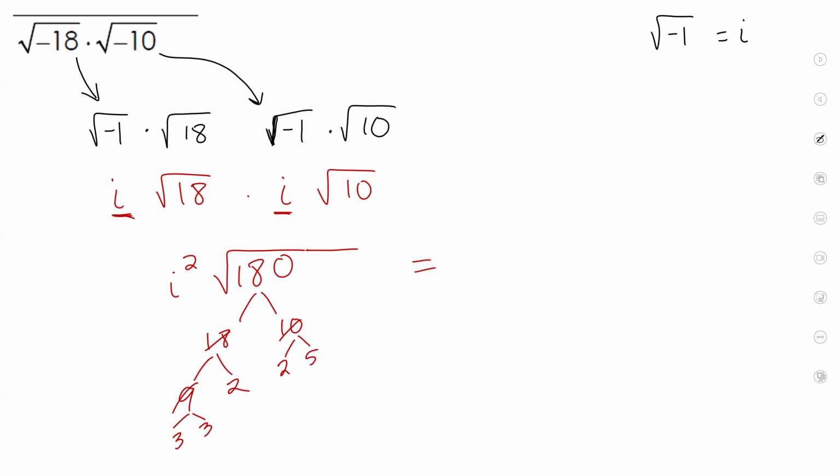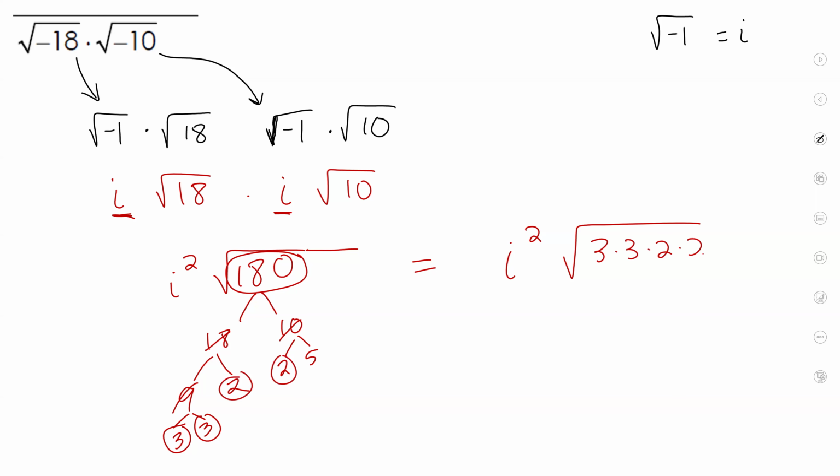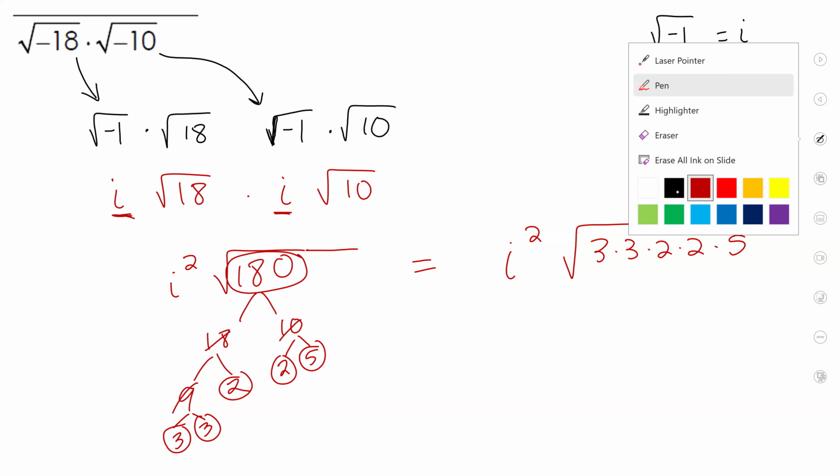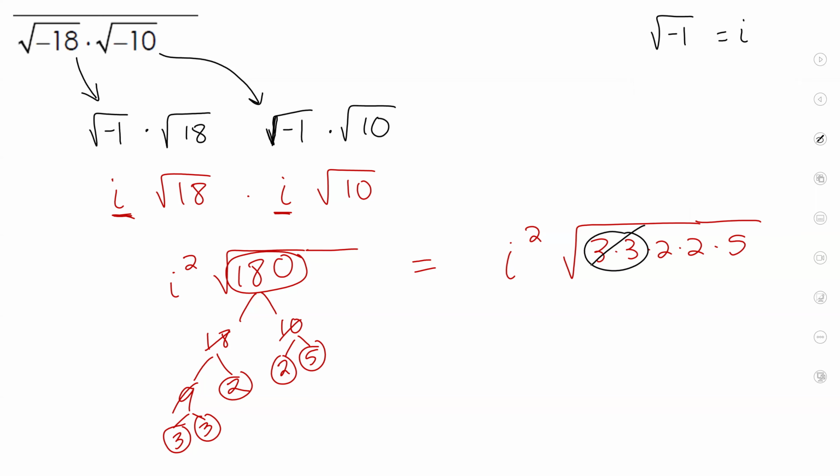So what this is, we have I squared on the outside, and we're rewriting 180 to be 3 and a 3 times 2 times 2 times a 5. Okay, so here's a pair of 3's, cross it out.